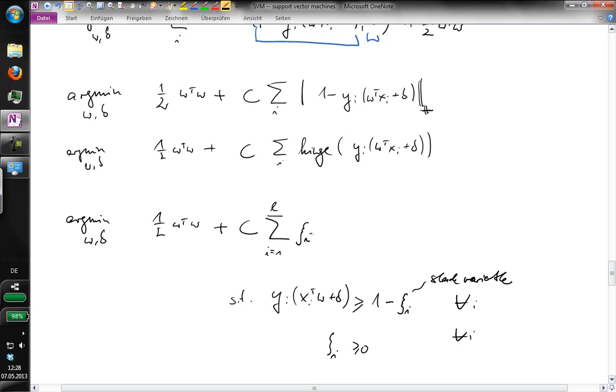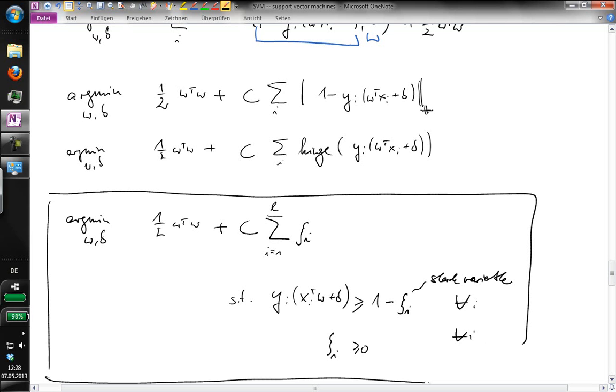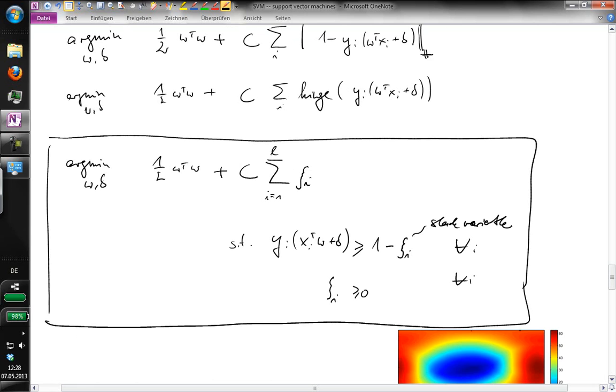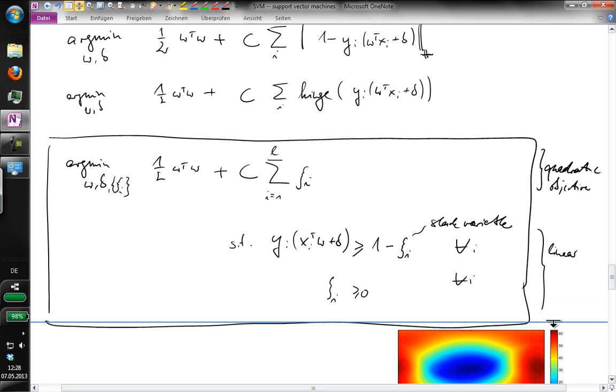I can write it like that. Perfectly equivalent to what you have above. And this thing here is now, if you look at it, it has a quadratic objective function. So we have a term that's here, I now also need to optimize over the set of slack variables. It has a quadratic objective and it has linear inequality constraints.